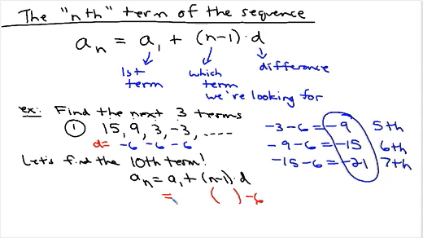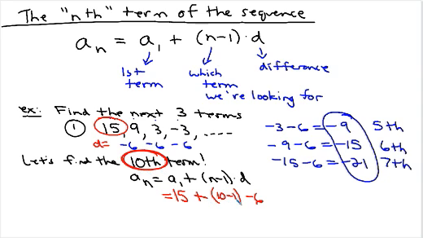My first term is 15, so that 15 goes there. Plus, we are looking for the 10th term. So the 10 goes in for n. All right?